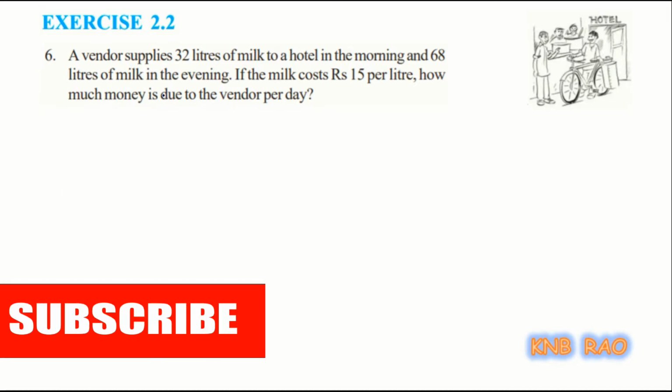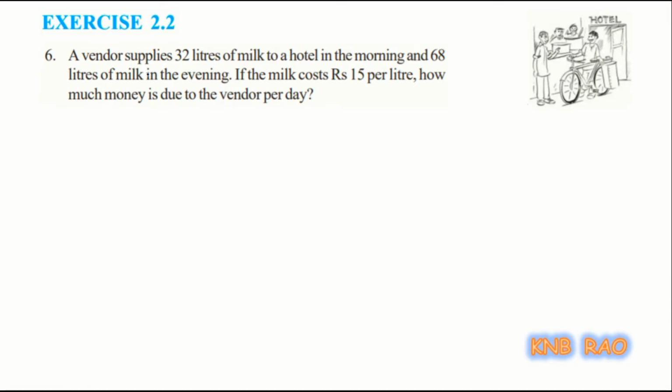Here, in this question, a vendor supplies 32 liters of milk to a hotel and 68 liters of milk, one in the morning, another in the evening, whereas cost of the milk per liter is rupees 15. Now, how much money is due to the vendor per day?